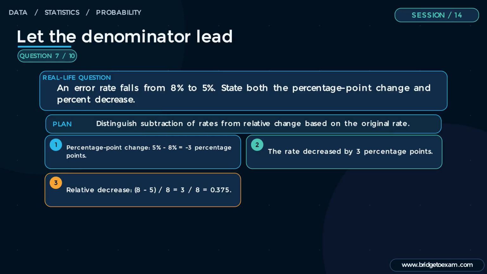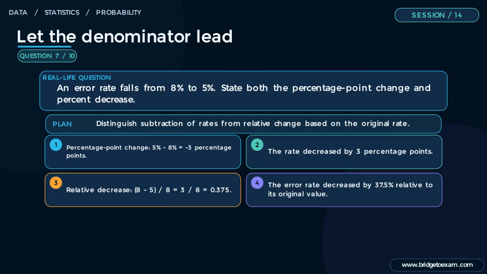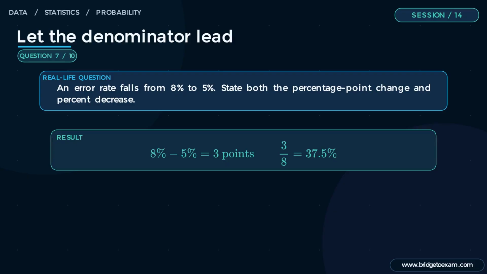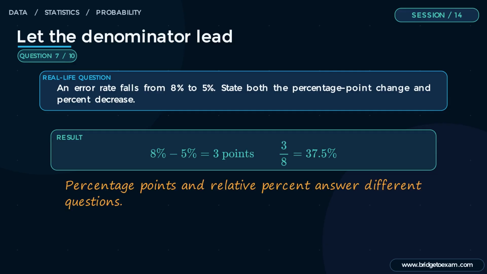Relative decrease. 3 divided by 8 equals 0.375. Step 4. The error rate decreased by 37.5% relative to its original value. Quick check. A 3-point decrease from 8% is substantial because 3 is 37.5% of 8. This matters in real life because quality reports distinguish percentage points from relative improvement.